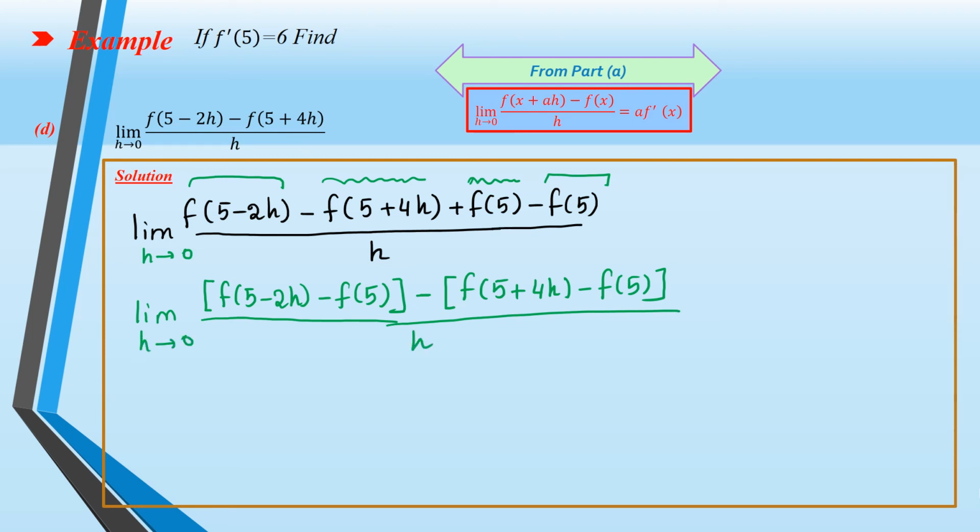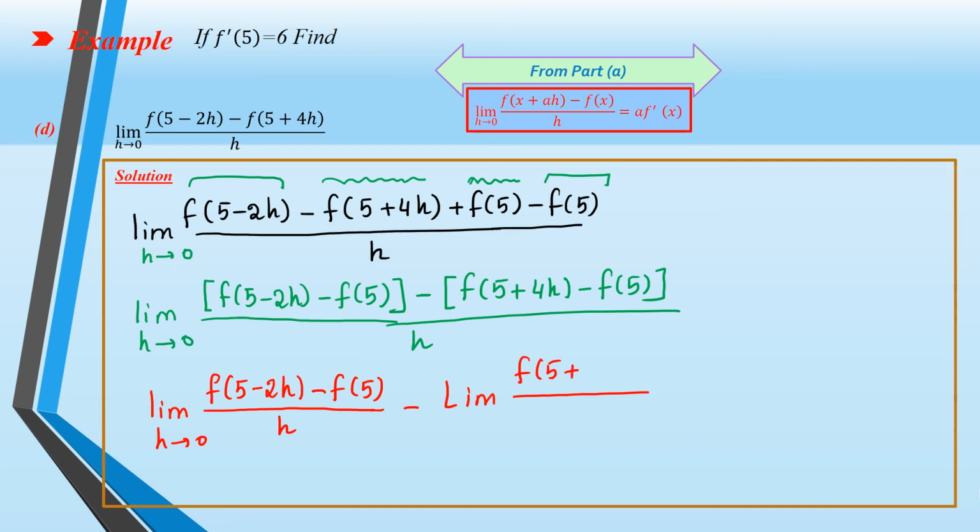Next you have to split the limit, and you will get the limit of f of 5 minus 2h minus f of 5, divided by h when h goes to 0, minus the limit of f of 5 plus 4h minus f of 5, over h when h goes to 0.